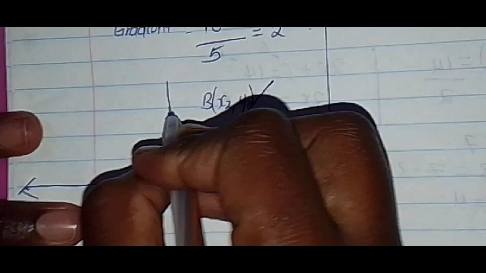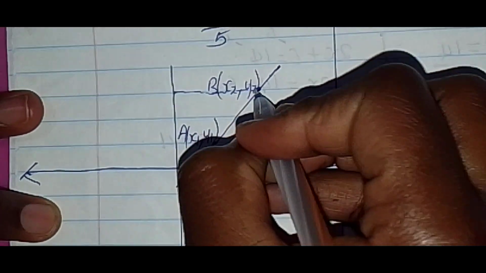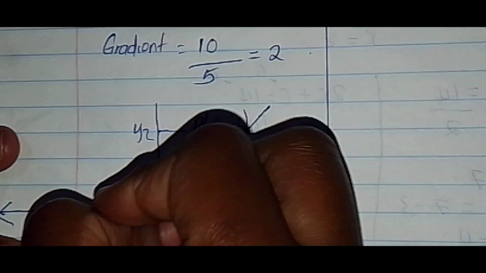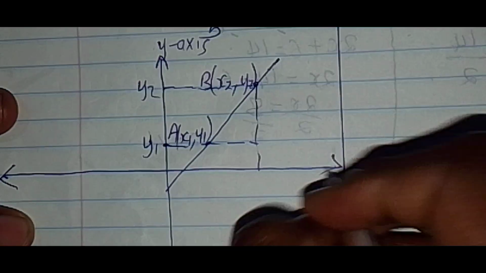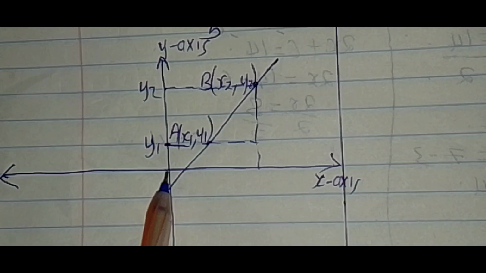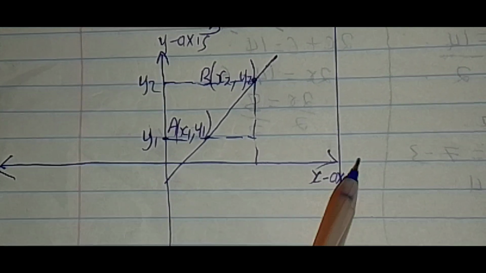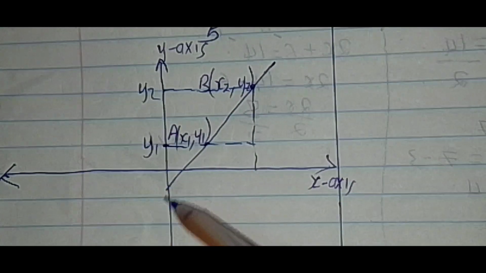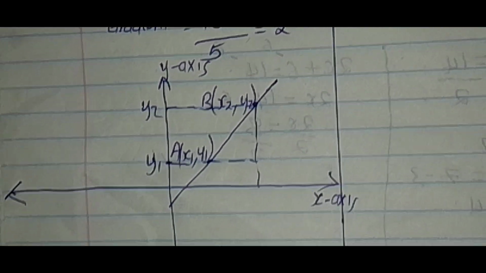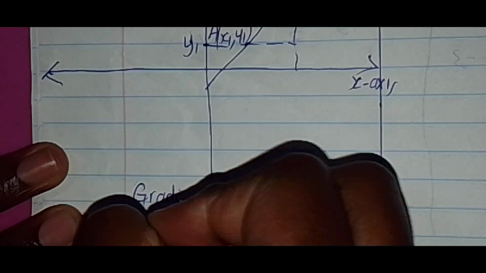I've plotted it already. Remember, this is our y-axis and this is our x-axis. Remember also, this is our horizontal plane and this is our vertical plane. Keep that in mind.